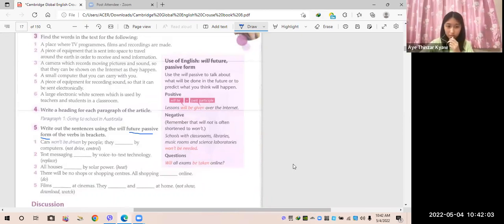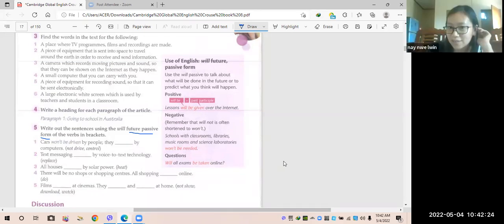Present tense, present continuous tense, present perfect tense, past tense, past perfect tense, past continuous tense, and then future tense, future continuous, and then future perfect tense. So there are altogether 9 tenses. What about the other 3 tenses?